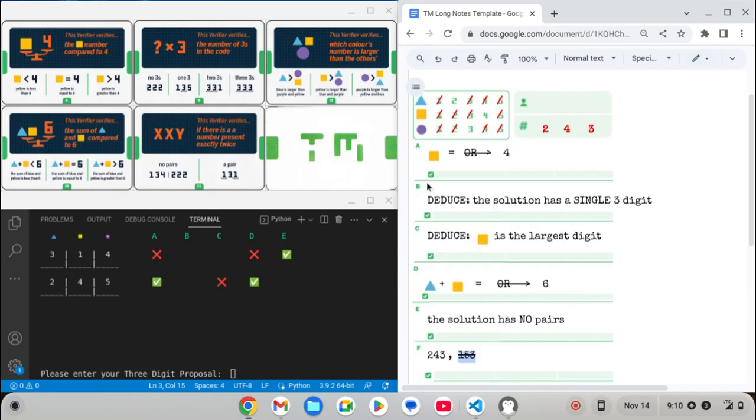Okay, so 4 is bigger, so it can't be 4 or 5 because you don't have pairs. Okay, so it looks like there is no 3. So how do you pick between 1 and 2 for circle? I have no idea.